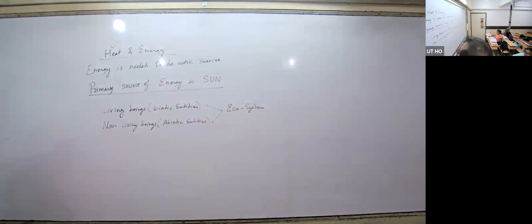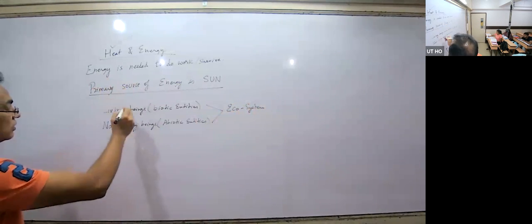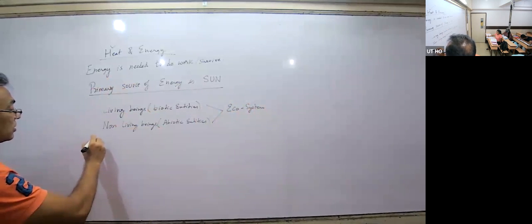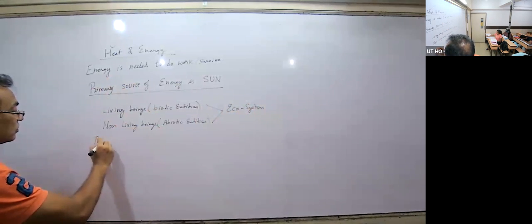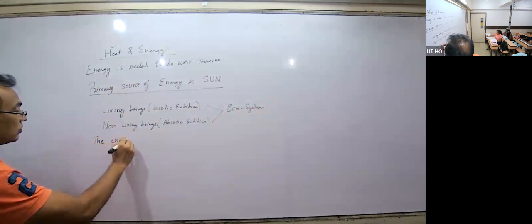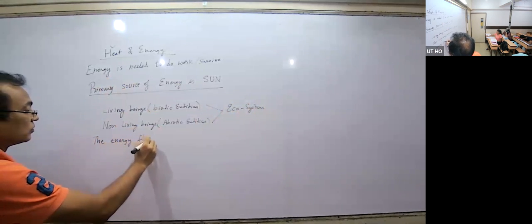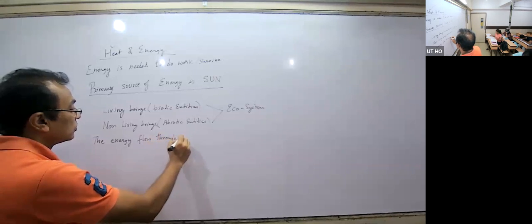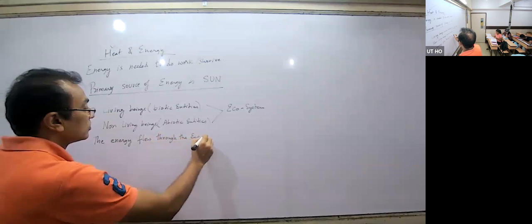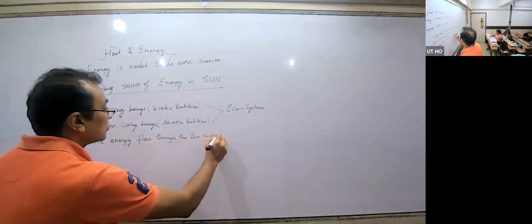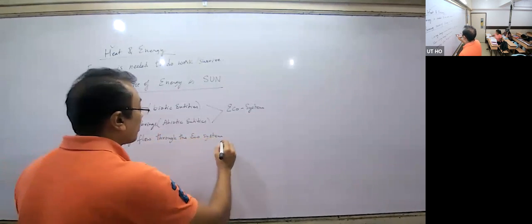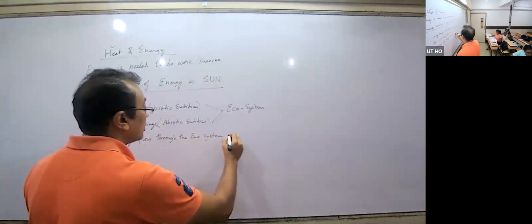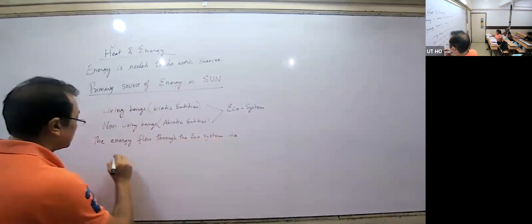So we have to understand the energy flow in the ecosystem. Let us understand the energy flow in the ecosystem via a simple food chain.